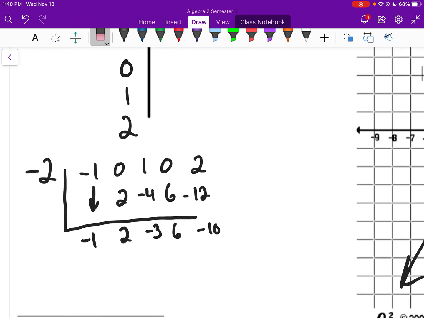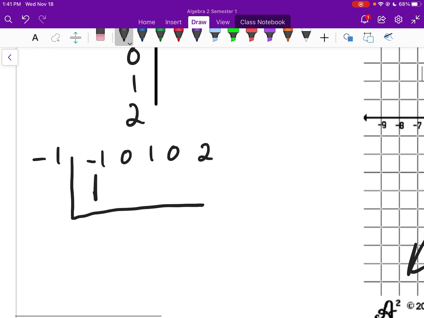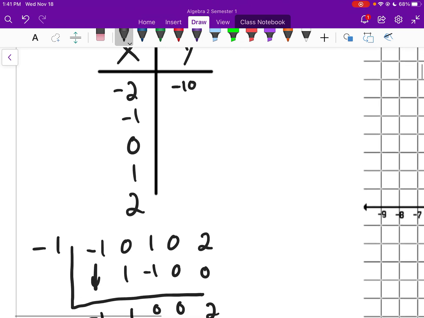Now let's evaluate for -1. Again, dropping down that -1, multiply, add, multiply, add, multiply, add, multiply, add.